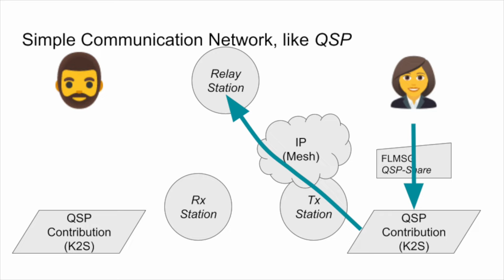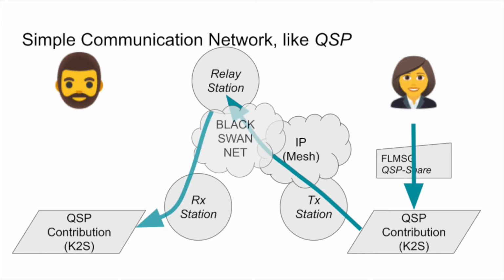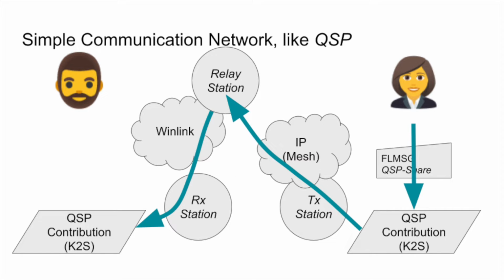Once the relay station has the K2S file, the relay station can then perform the service of getting it to the receive station. Maybe it's the relay station that has the ability to use the Black Swan net to get to the receiving station. Maybe the relay station will use WinLink to get to the receiving station.